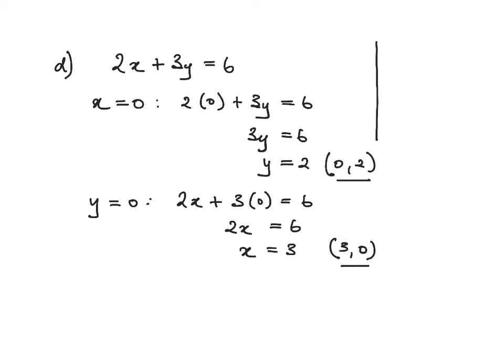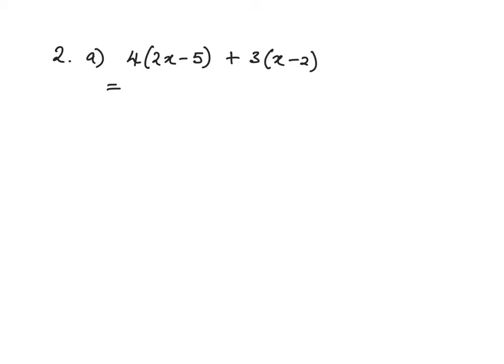If I just draw a set of axes like so, make sure you're using a ruler when you're drawing your axes. So 0 along 2 up and 3 along 0 up, and if I then draw the line, it will look something like so. So there you have it.